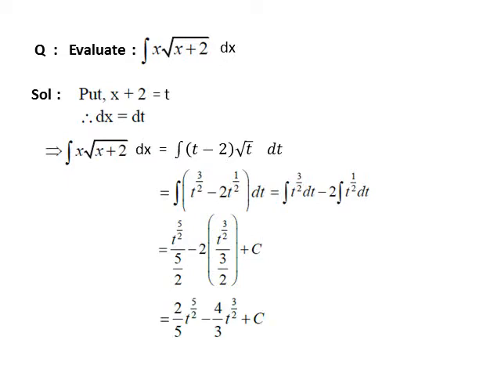Simplified, we get 2 upon 5 multiply t raised to power 5 by 2 minus 4 upon 3 multiply t raised to power 3 by 2 plus constant c. Now, in next step, replace t by x plus 2.